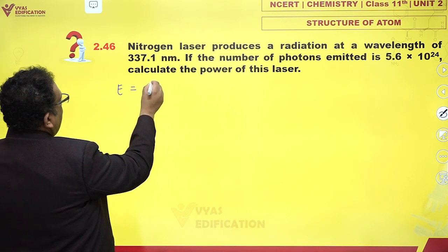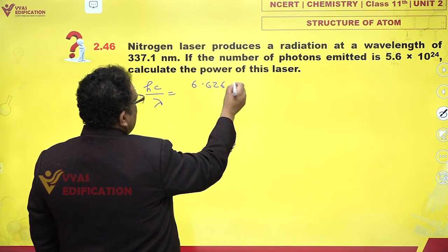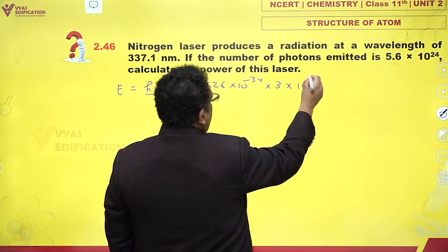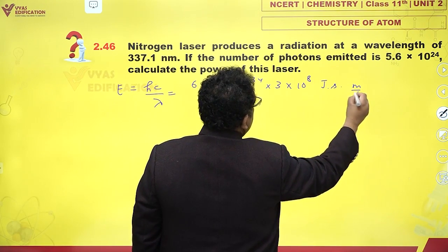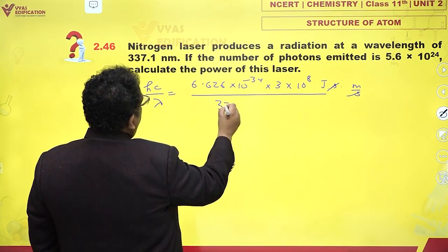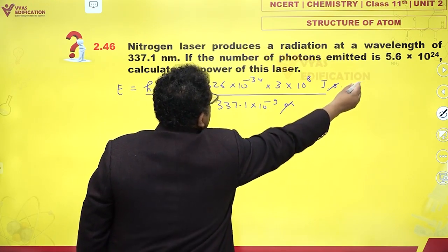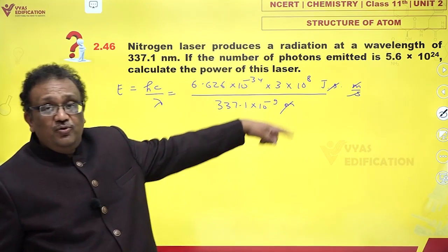E is hc by lambda: 6.626 into 10 raised to minus 34 into 3 into 10 raised to 8 joule second into meters per second, divided by lambda. How much is lambda? 337.1 into 10 raised to minus 9 meters. Lovely. This is the energy of one photon. And there are so many photons.